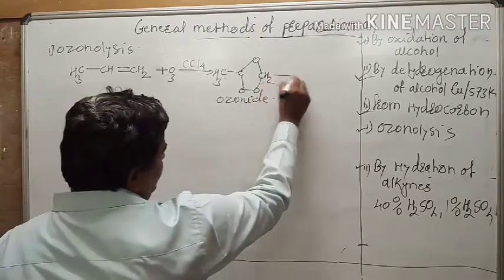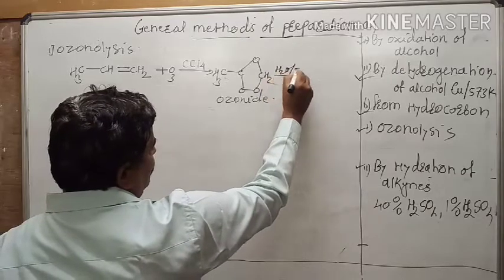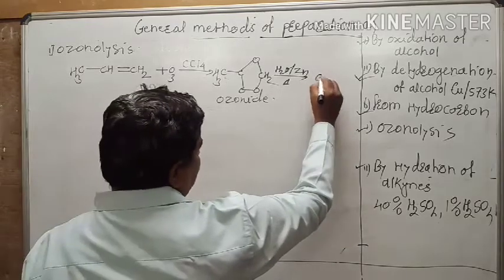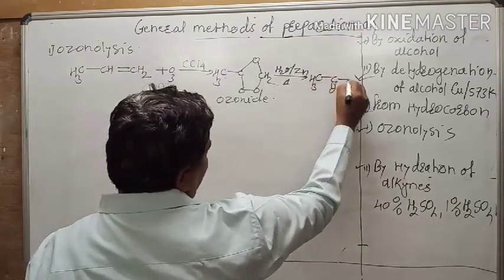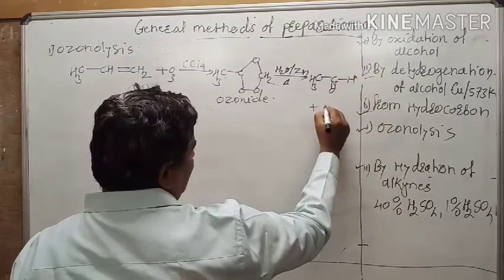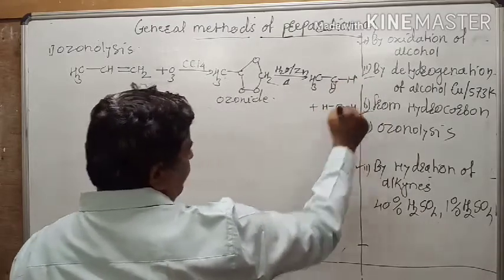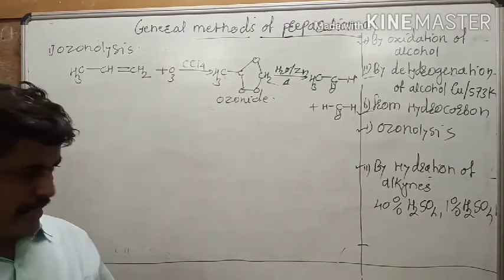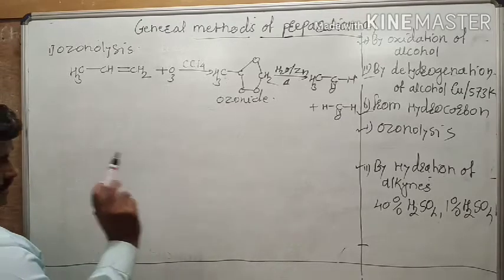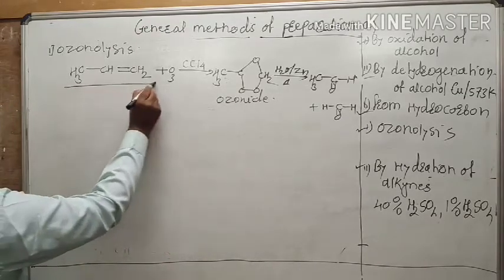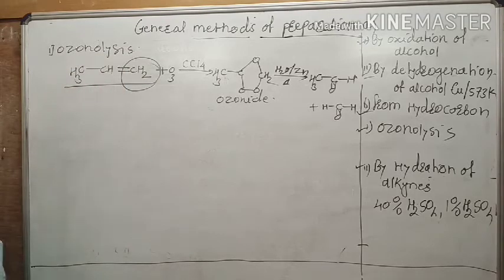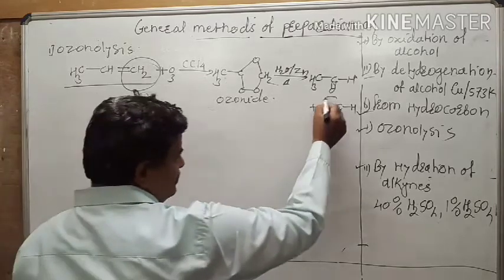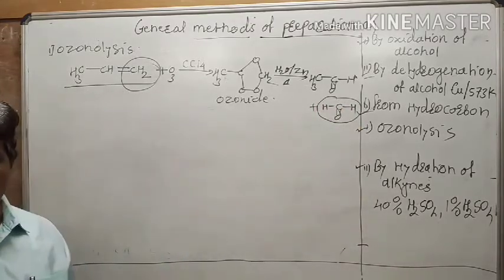This ozonide on hydrolysis followed by reduction gives CH3CHO, that is aldehyde. One product is aldehyde, another is also formaldehyde, and the side product formed is zinc oxide. Remember one thing, if a terminal carbon-carbon double bond is present, then one product is formaldehyde.